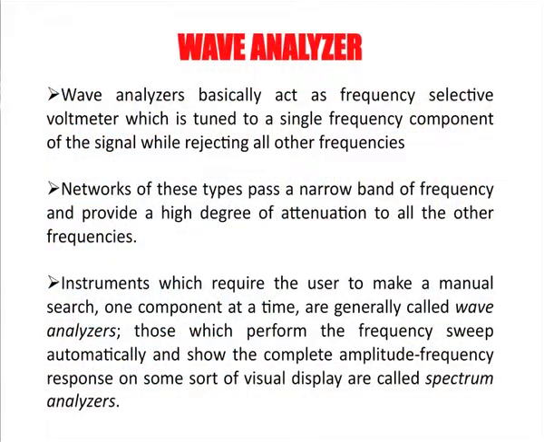So, this is the manual search. One by one we allow the frequency components to pass through the filter circuit by manually adjusting the tuning frequency, and these circuits are the manual wave analyzers, where the tuning of the frequency is done manually, while others perform the frequency sweep automatically.